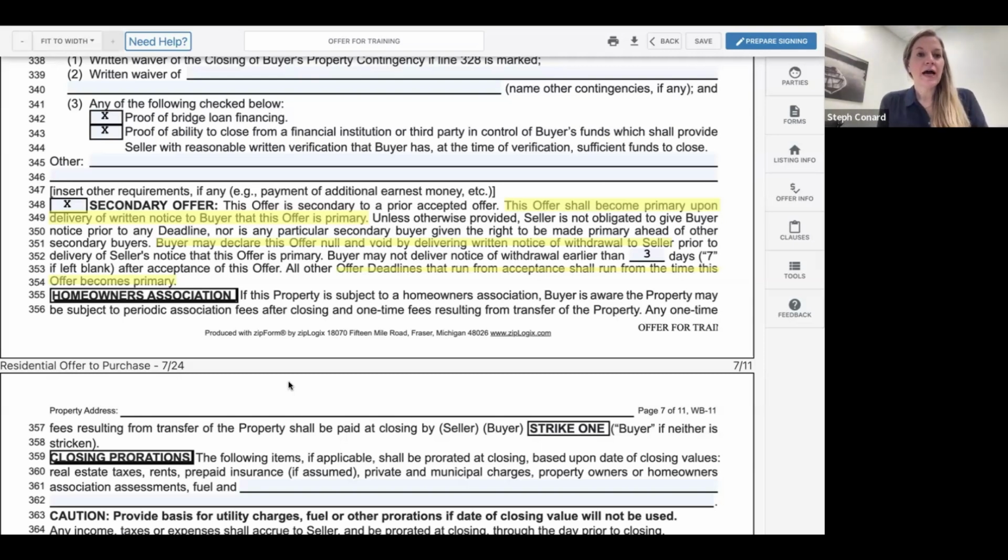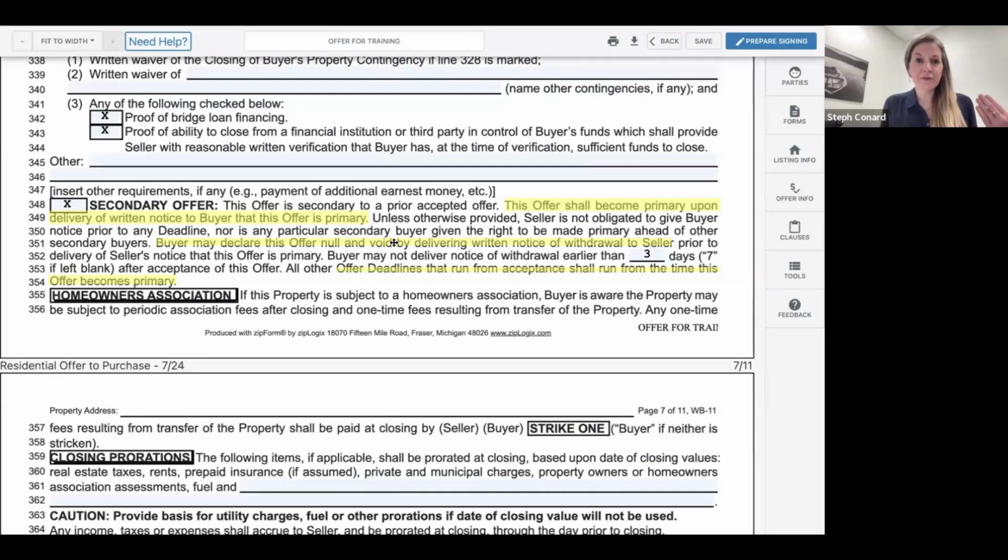Okay, so how the secondary offer reads. You're going to check mark line 348 if this is a secondary offer. This offer is secondary to a prior accepted offer. This offer shall become primary upon delivery of written notice to the buyer that this offer is primary.